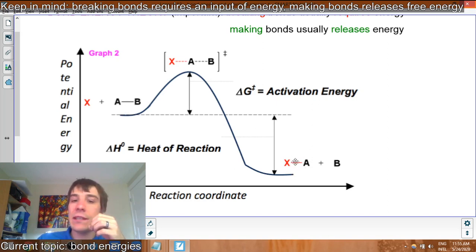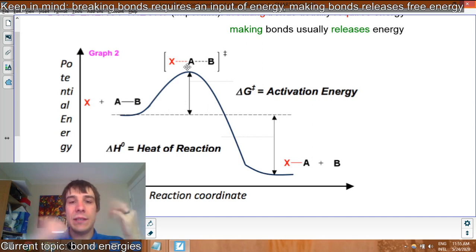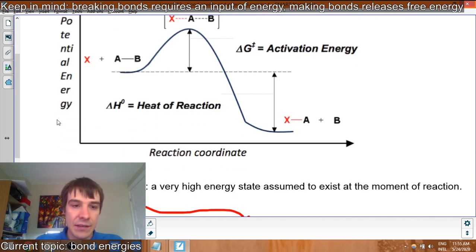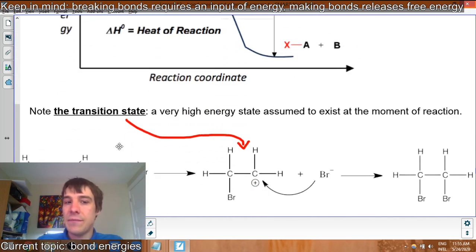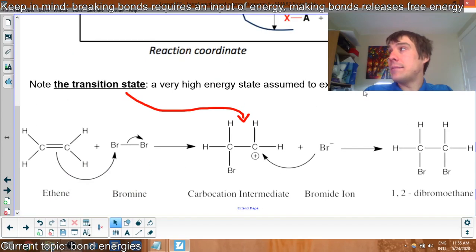We're going to release energy making the XA bond, but somewhere in the middle, XA and B are in this weird high energy state as the bond transfers from one to the other. It can kind of be analogous to each of the three atoms just by itself, because that's the highest energy state we can think of as a transition state. So it's a high energy state, assumed to exist at the moment of the reaction and no other time. And so it's very, very short-lived.